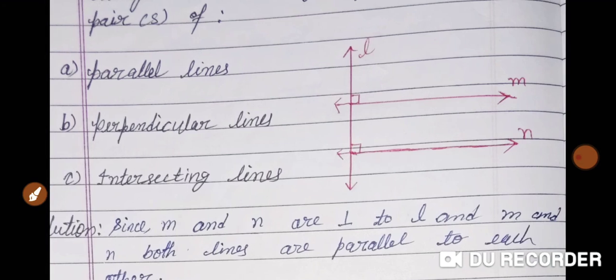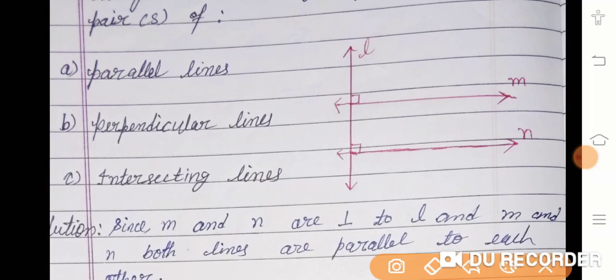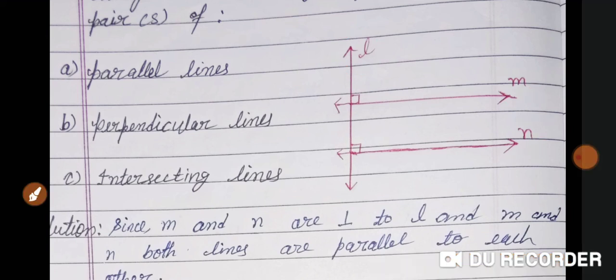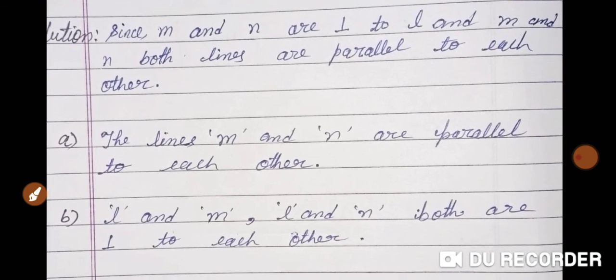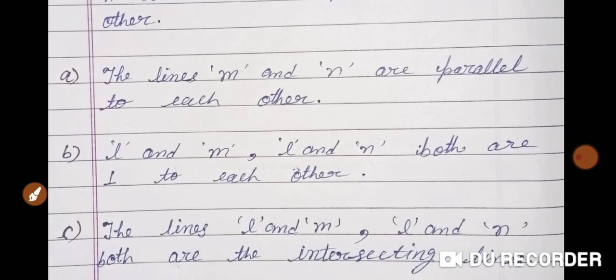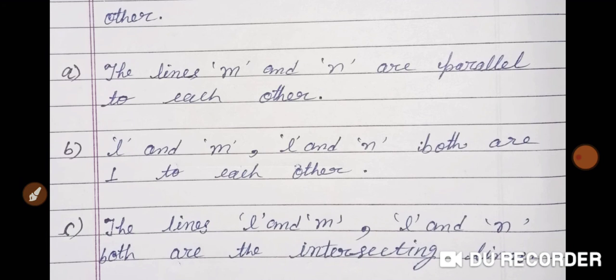Here you can see that line L is perpendicular to line M. L is also perpendicular to line N. Understood? So that is why I have written here that lines M and N are parallel to each other in A. In B, L, M, N are perpendicular to each other.